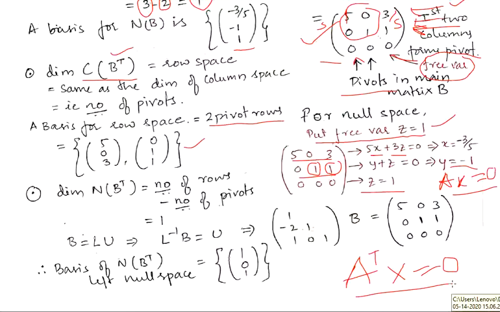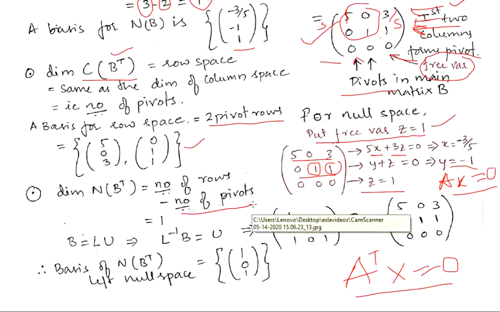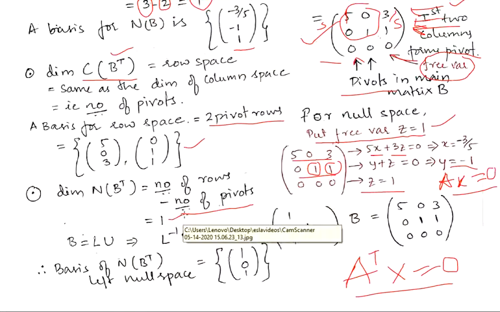Now in null space, we subtracted the number of actual pivots from the total number of columns. Here also, the total number of row pivots will be subtracted from the total number of rows. So that will be equal to 1. So here also we are getting one column vector in the left null subspace.